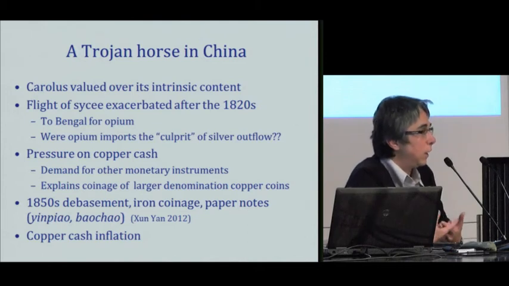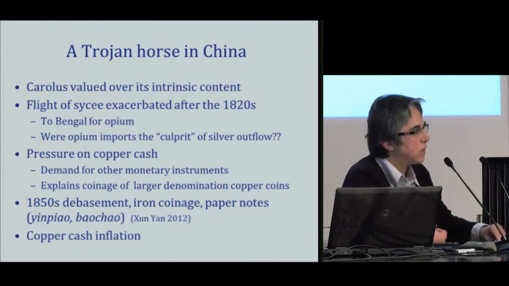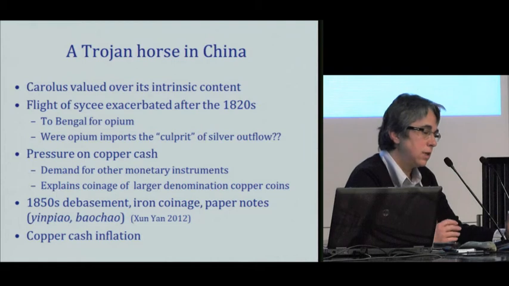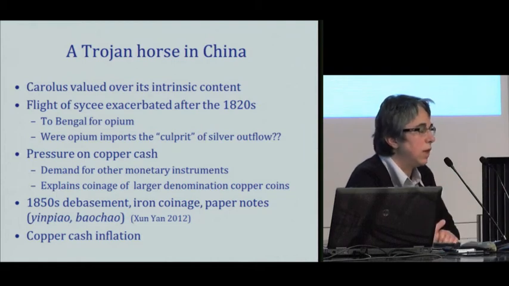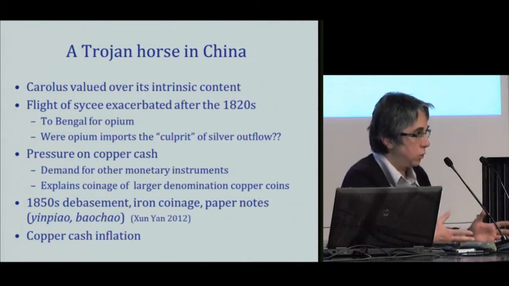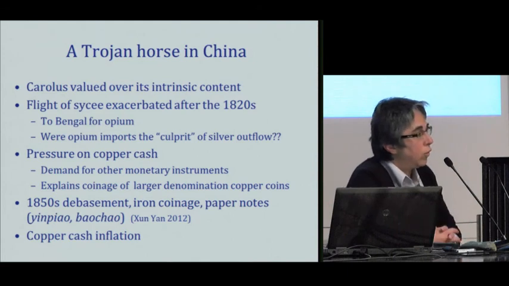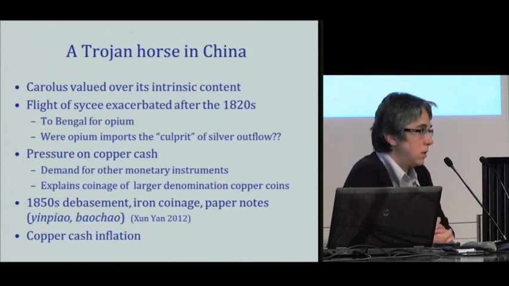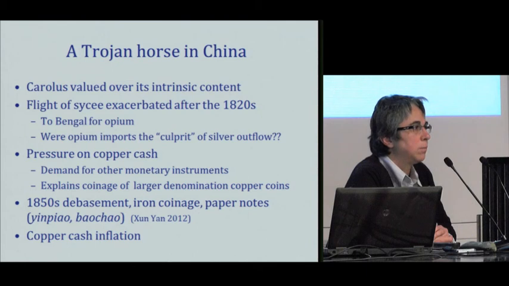That, I think, somehow explains the particular demand for that particular coin inside China, and the fate of the Spanish peso that ceased to be minted from the 1800s or 1810s on, becoming like a Trojan horse for the Chinese economy, in which you would have this double problem of a silver deflation and a copper inflation that presumably are unrelated, but should have a very significant impact, not least in the tax incidence, as we were talking yesterday.